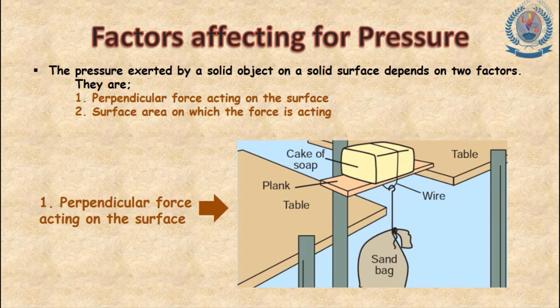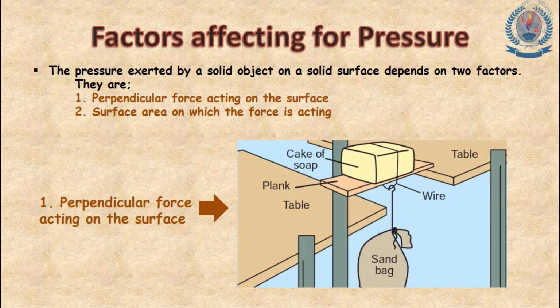As the second step, you need to increase the number of sandbags one by one using a new cake of soap in each instance, and you need to measure the time taken to pass this thin metal wire through each cake of soap.